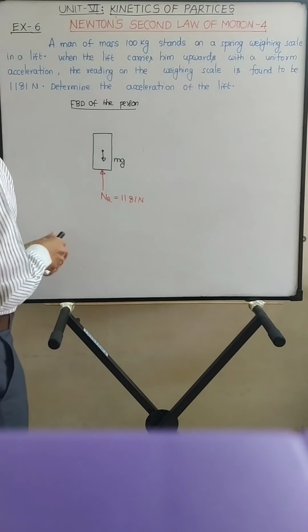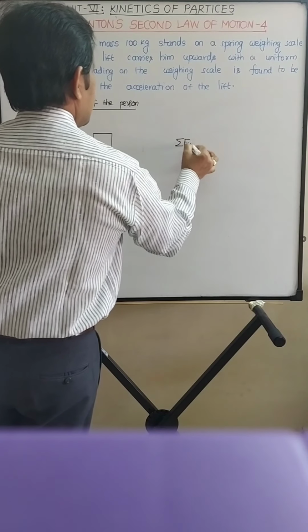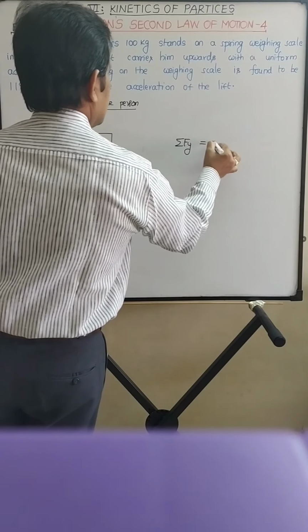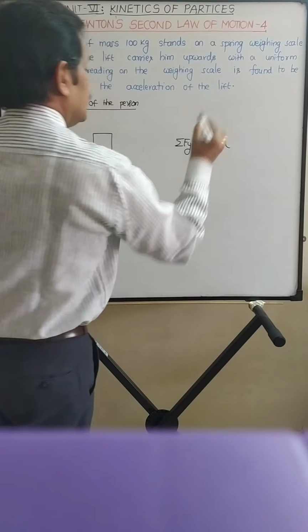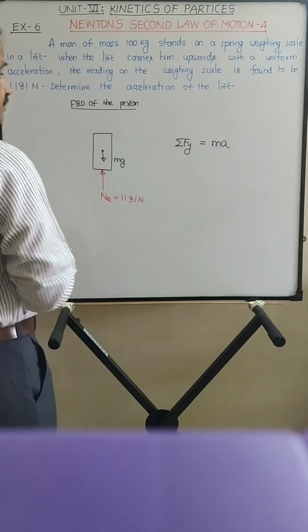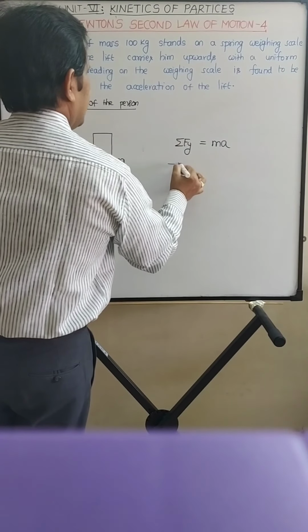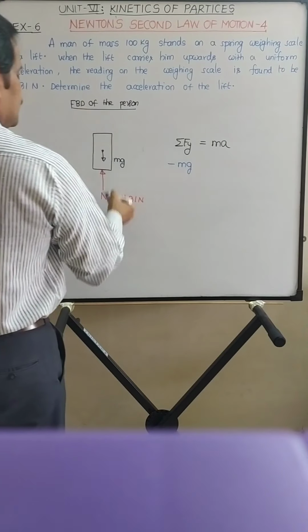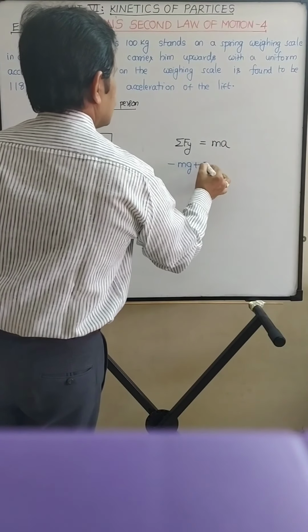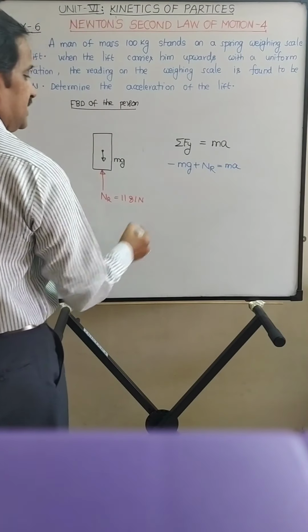Right? So finding the resultant force in the y direction, summation Fy must be equal to m into A, where A is the acceleration of the person. So here mg is acting downwards, minus mg, and the normal reaction is acting upwards, plus NR, is equal to ma.